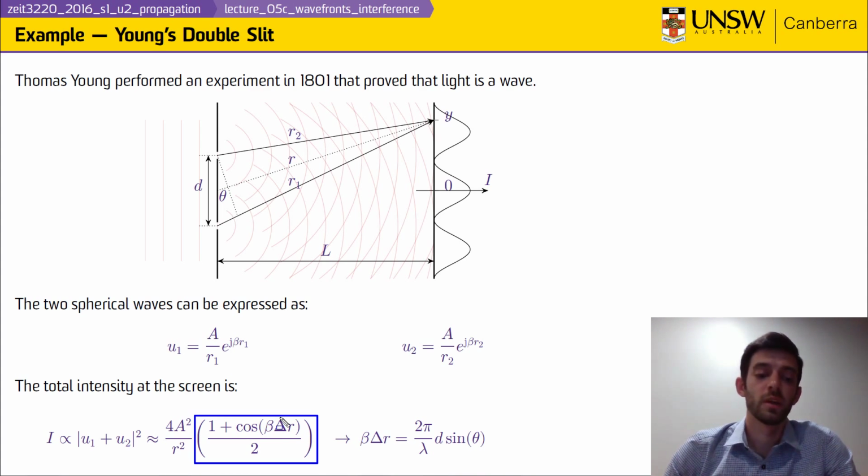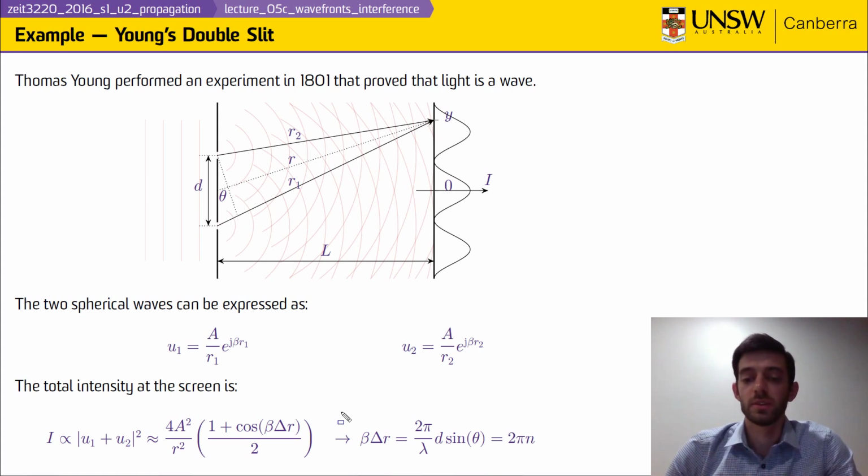And conversely, when cosine's argument is negative pi or positive pi or 3 pi, this factor will go to 0. So by setting beta delta r equal to 2 pi n, we can figure out where the maxima are for our interference pattern.